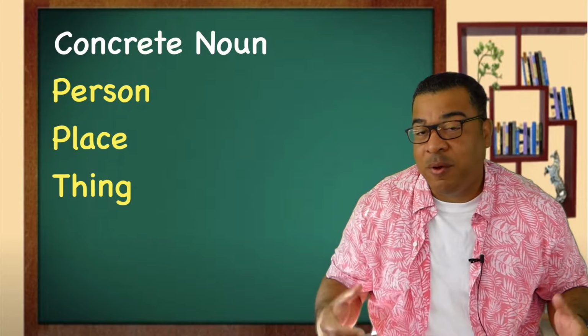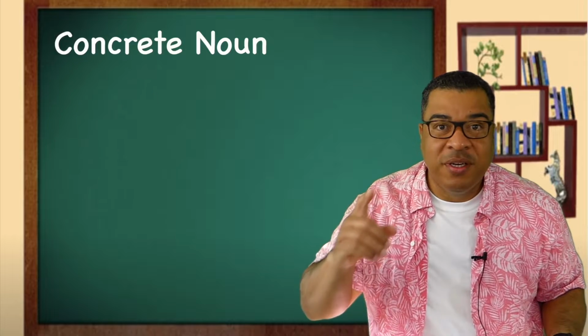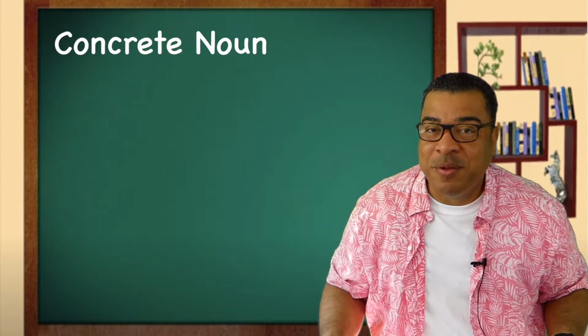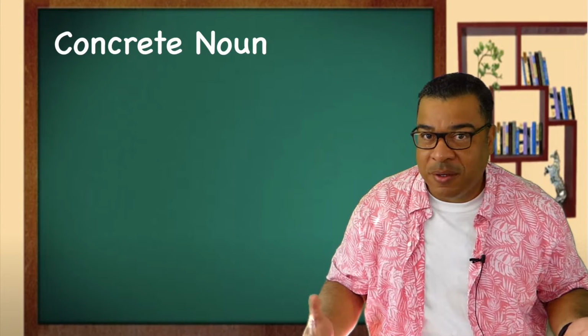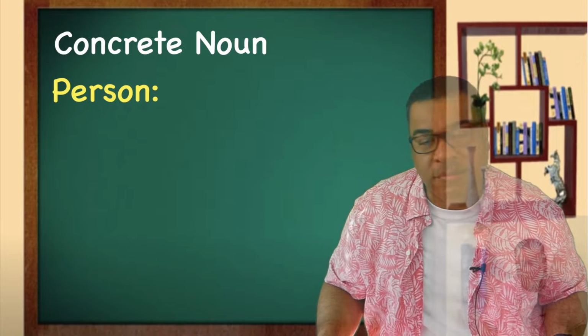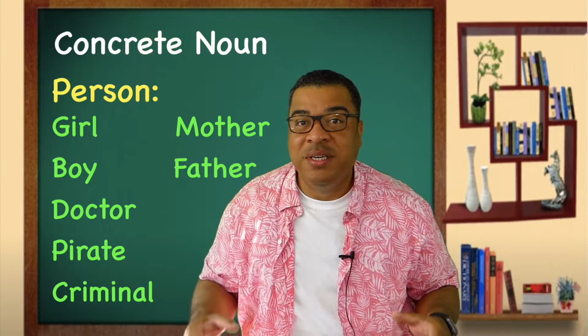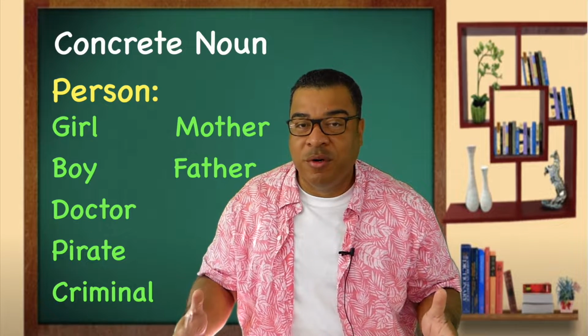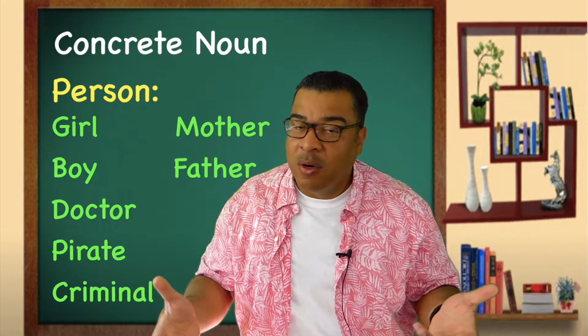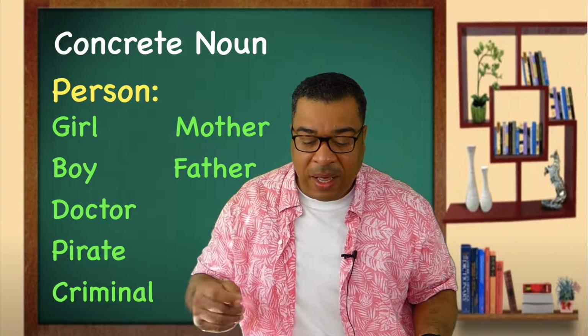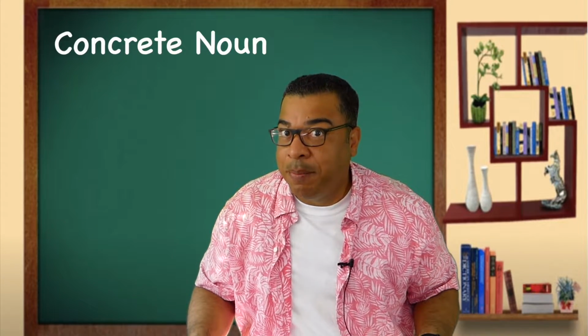Let's take a look at what some concrete nouns look like. First, let's look at some examples of concrete nouns talking about a person: girl, boy, doctor, pirate, criminal, mother, father. These types of words we would call a noun or a concrete noun. How about when we're talking about a place?